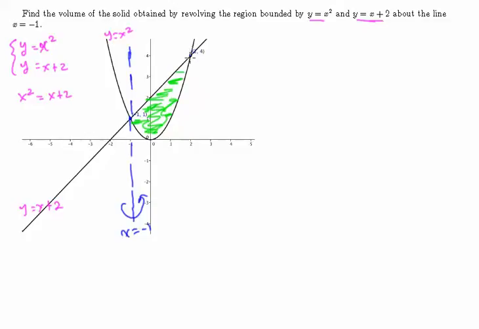As you can see, the left side of the region is a patch of two curves, this linear piece and this left wing of the quadratic piece. Well, of course, the right side is the quadratic expression. It would give us a little bit of a problem if we look at it from a horizontal point of view. So I like to see it from the vertical point of view.